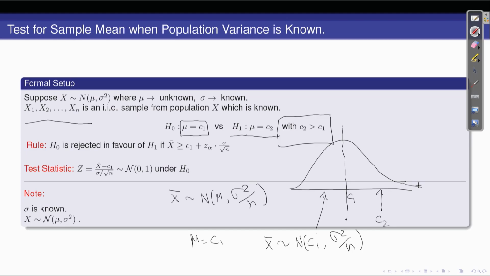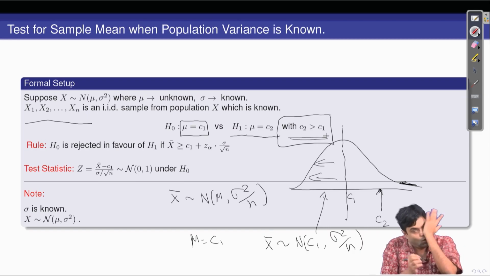If the observed value of x bar is somewhere in the left, is that evidence in favor of C2? The answer is no, because if the mean actually is C2, the probability of being left of C1 is even less.